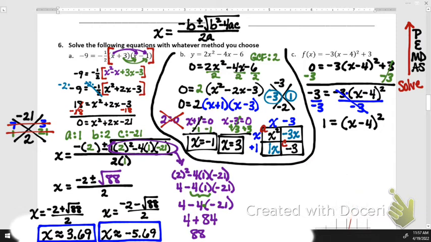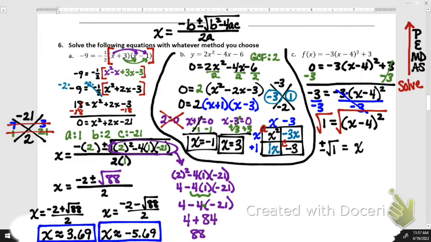When we square root, we get how many answers? 2 answers. So we're going to take a square root of both sides. So I have plus or minus the square root of, what is the square root of 1? 1. So this is just plus or minus 1 equals x minus 4.